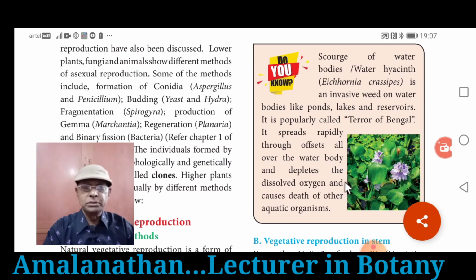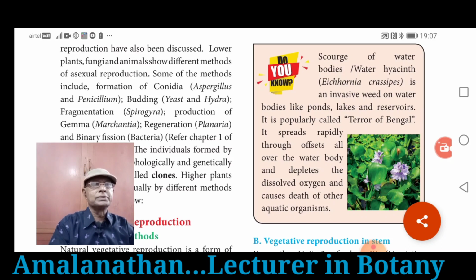The next one is binary fission, a very common method in most bacteria. In bacteria, binary fission takes place when a bacterium divides equally into two organisms. That is the main multiplication, the main asexual reproduction, as far as bacteria is concerned.